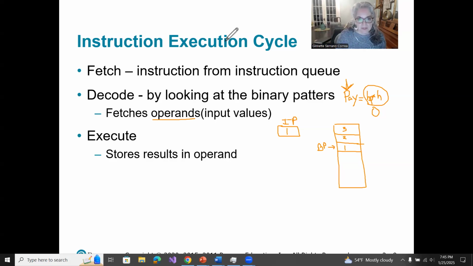So the instruction execution cycle, again, has 3 steps. And in your book, you'll look at the information on the 3 steps.